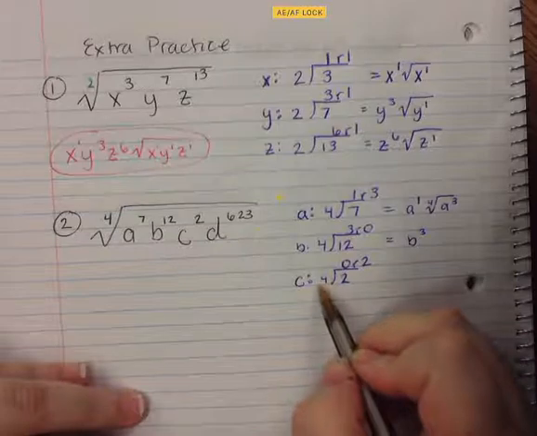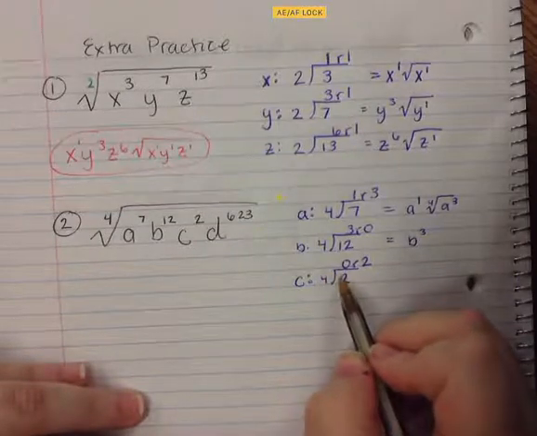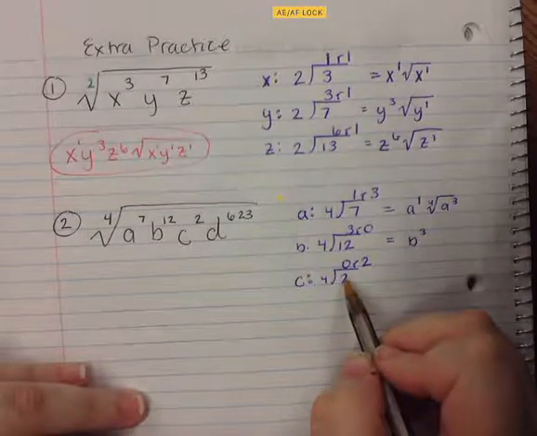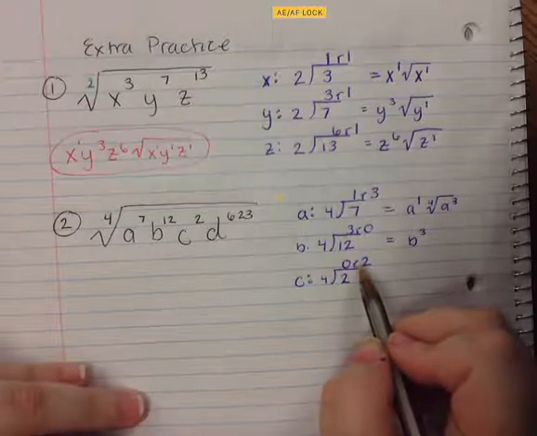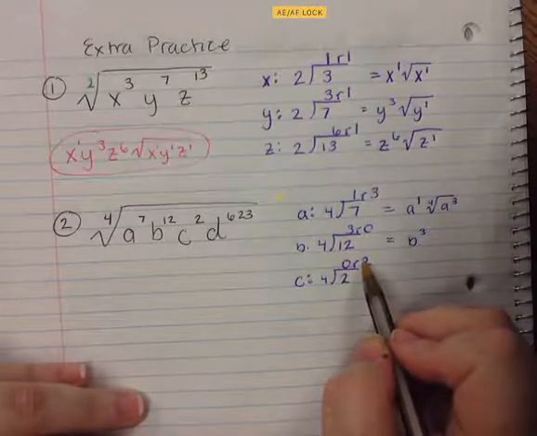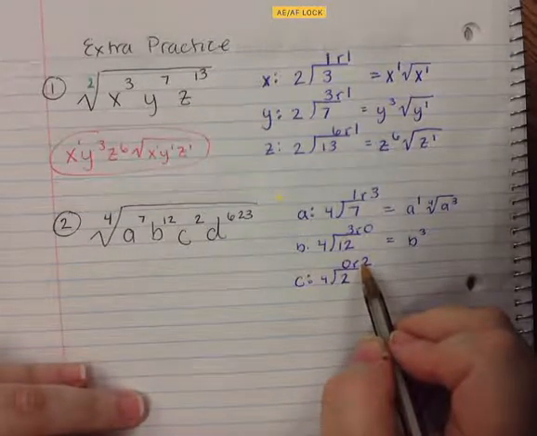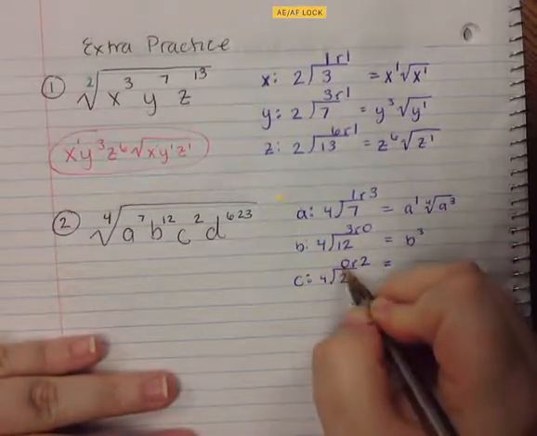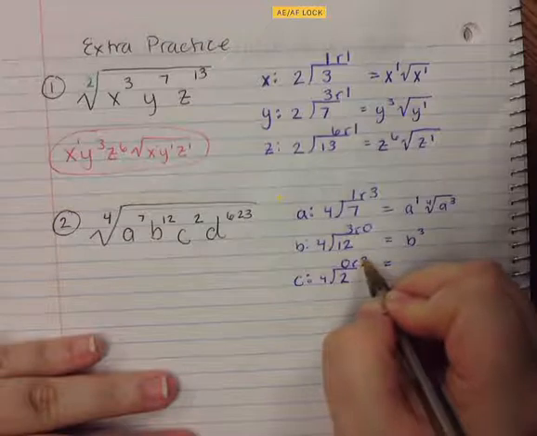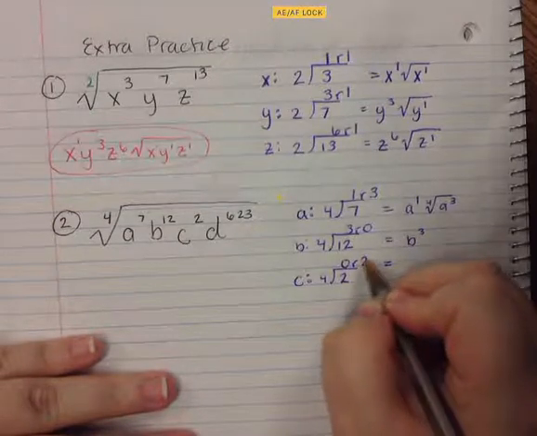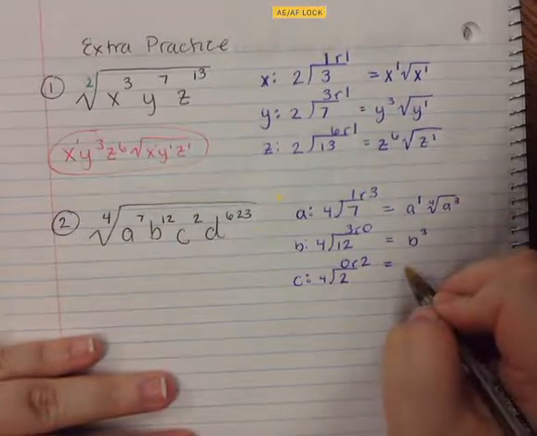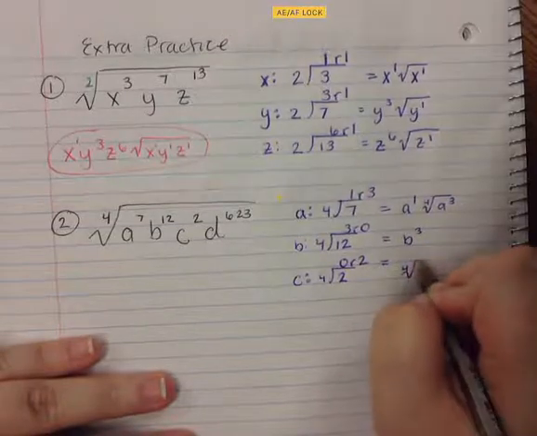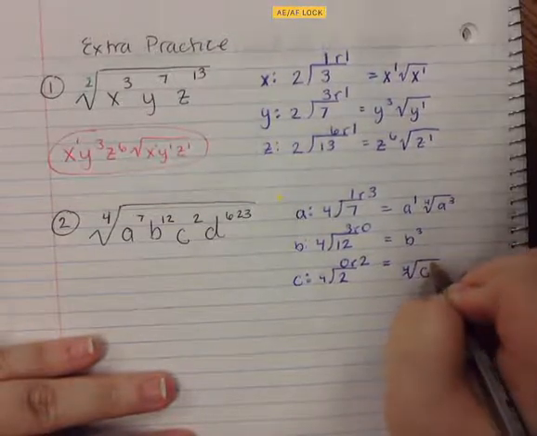If your index is bigger than the exponent of your radicand, you can't do anything with it. So that means that your exponent in the radicand is still the same. So we do not have a coefficient, but we do have a radicand. See, after the r is your radicand. So this is the fourth root, don't forget your fourth root, of C to the second power.